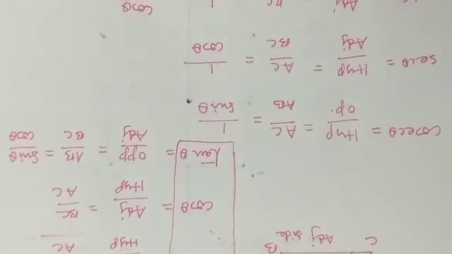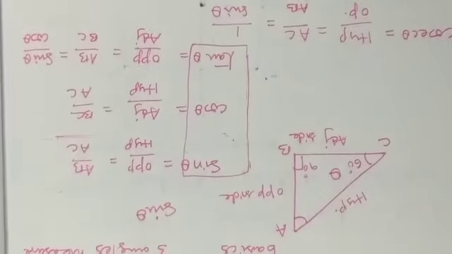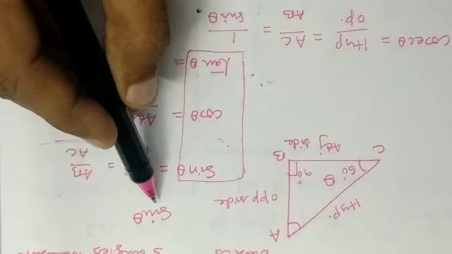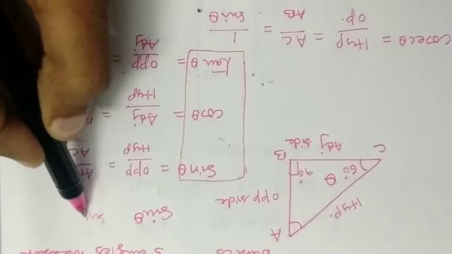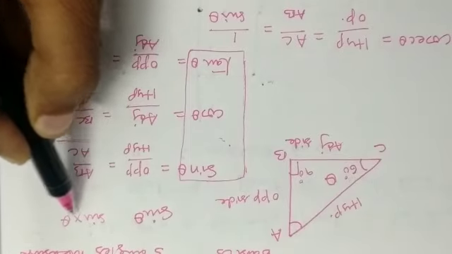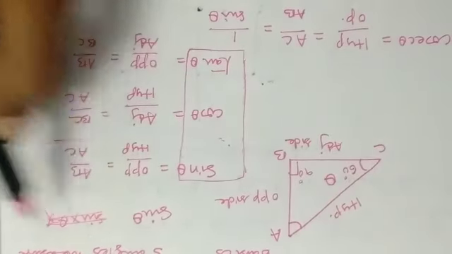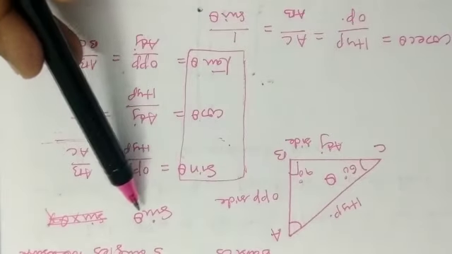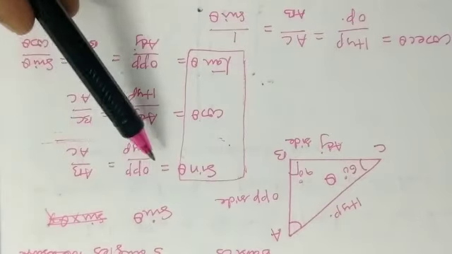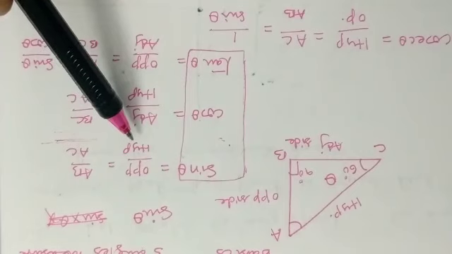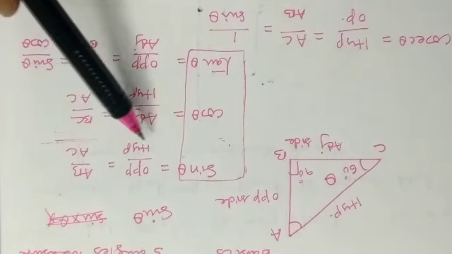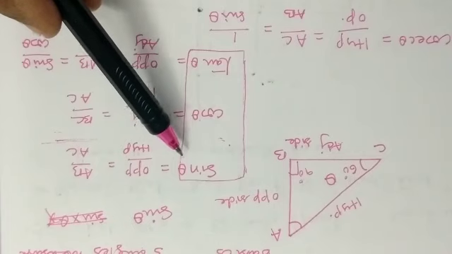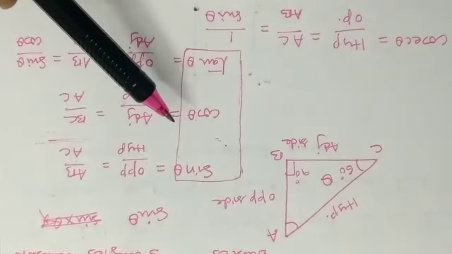And it doesn't mean that sin into theta. This is also wrong. Sin theta is opposite side by hypotenuse. That's all. It doesn't mean sin into theta. I think I am very clear about this.